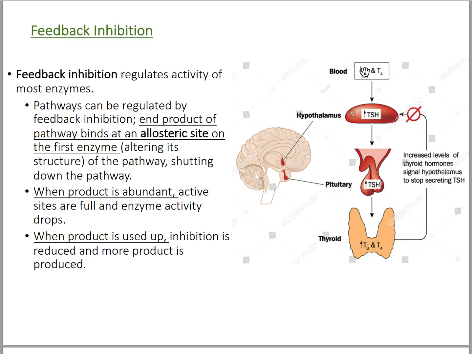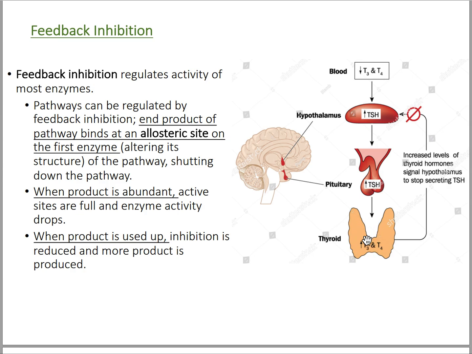So here, when the thyroid hormone level has been reduced in the blood, it will trigger the formation of thyrotropin-releasing hormone from the hypothalamus. Then it will work in the pituitary gland to produce more thyroid stimulating hormone, and then it will work in the thyroid to produce thyroid hormone.